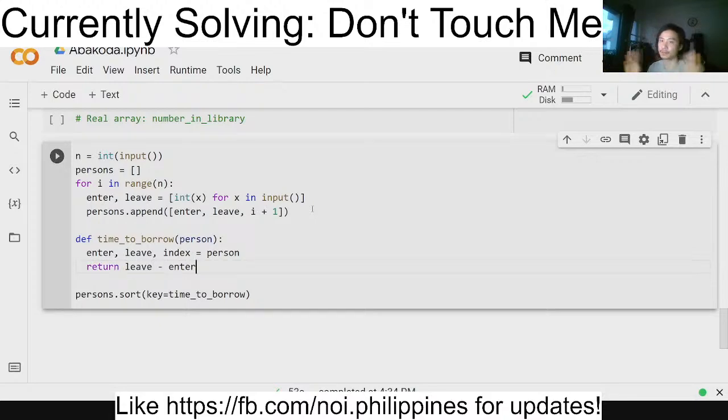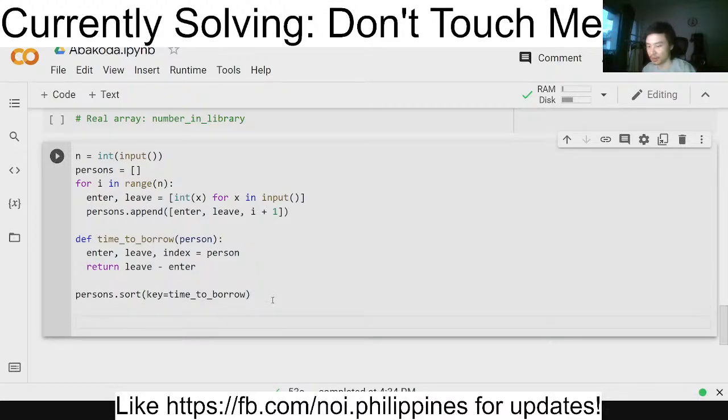Right? Okay, I use leave minus enter because that's what we did in the previous problems. You can find more descriptive names for this problem if you like, but that's not really important. Right? Okay, and then you can do this.